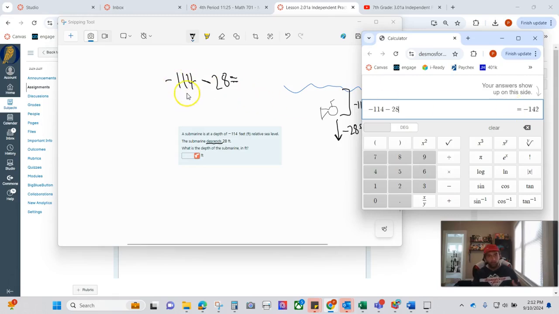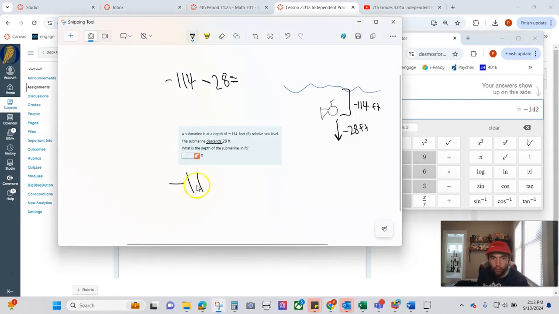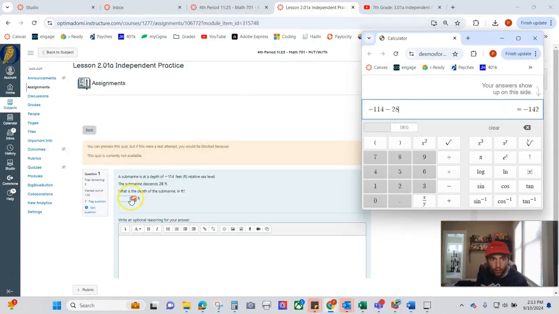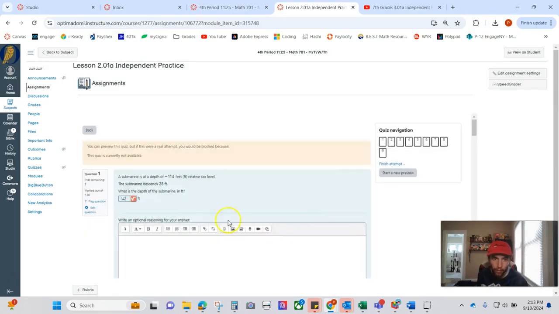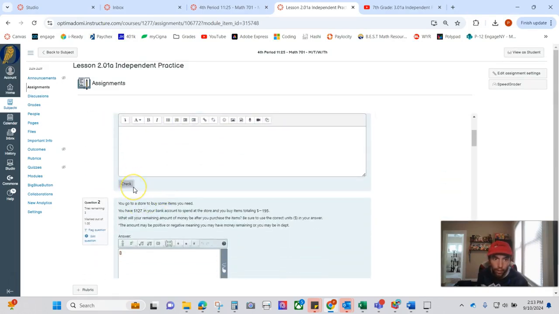So if you lost 114 and you lose 28 more, together you've lost 142. So our answer would be negative 142. And the negative sign is the same as the minus sign. Check.